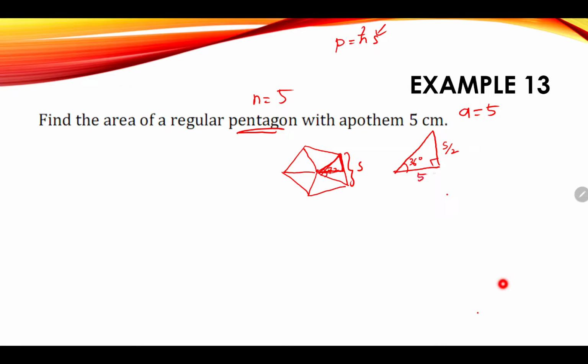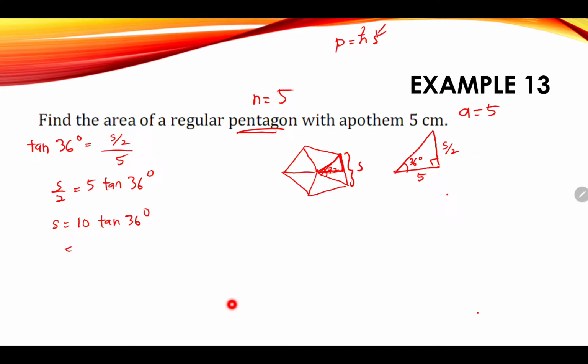Apothem kita tahu dia 5. So we can use tangent. Tangent 36 equals S over 2 divided by 5. Okay, S over 2 equals 5 tangent 36. So S sama dengan 10 tangent 36.